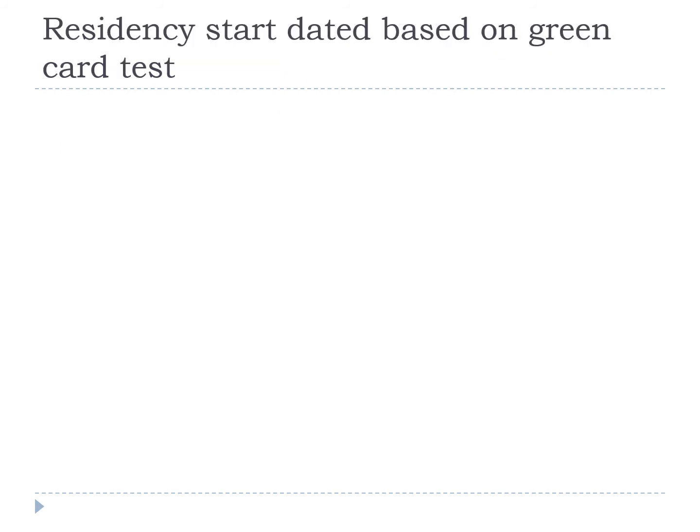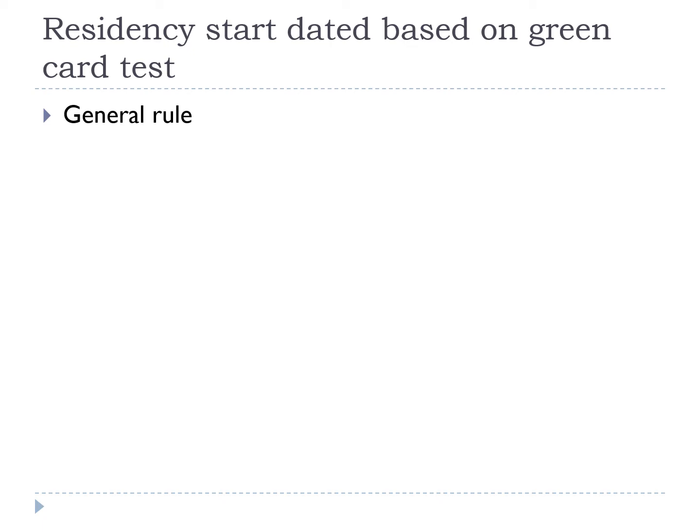If an alien meets the lawful permanent resident green card test and is treated as a resident alien and was not a resident in the previous year, the question is, when does resident alien status begin?